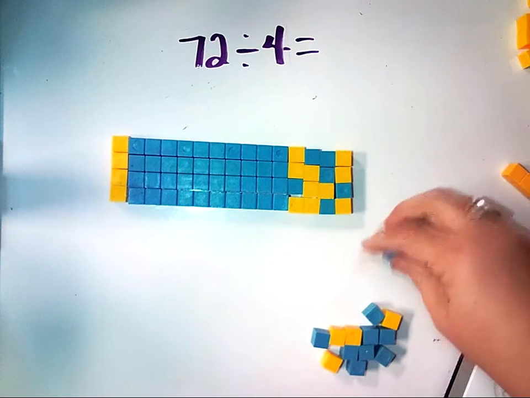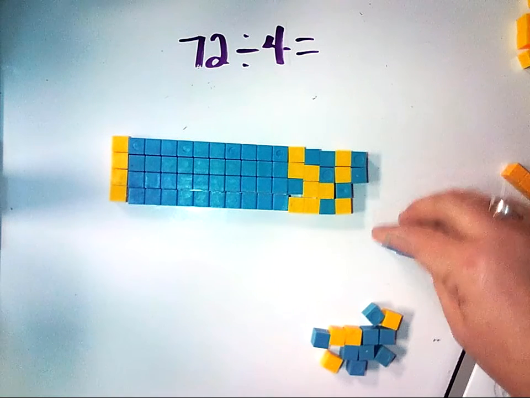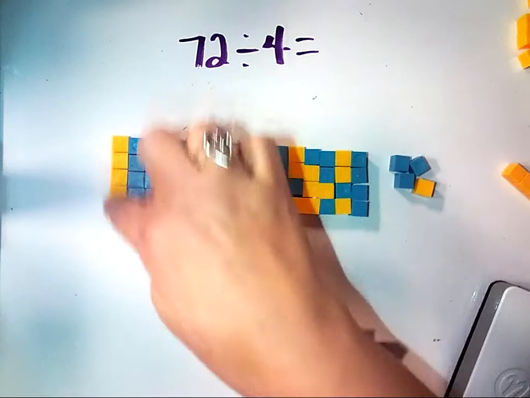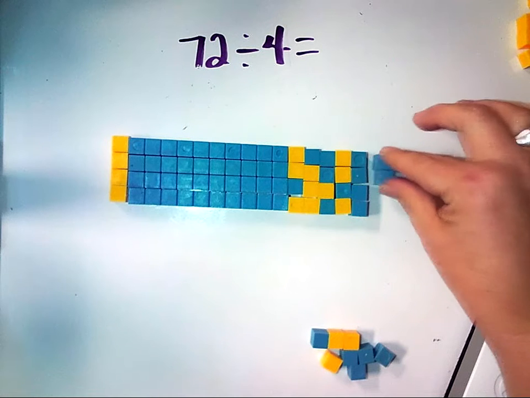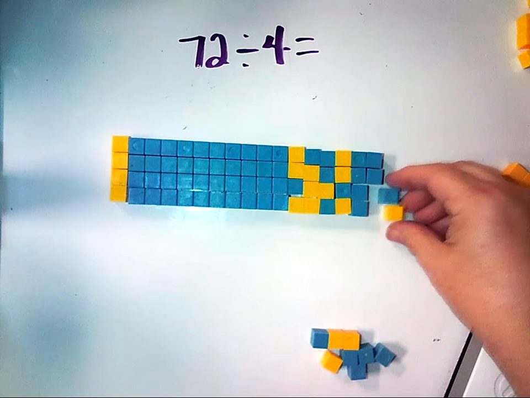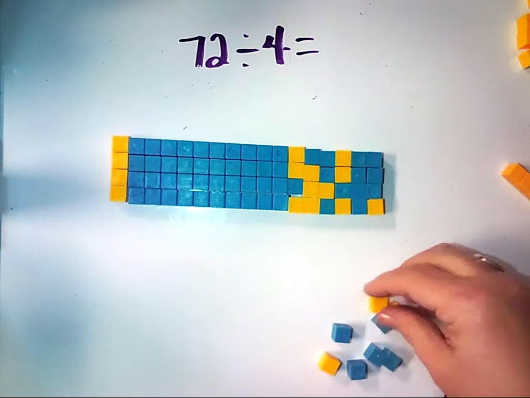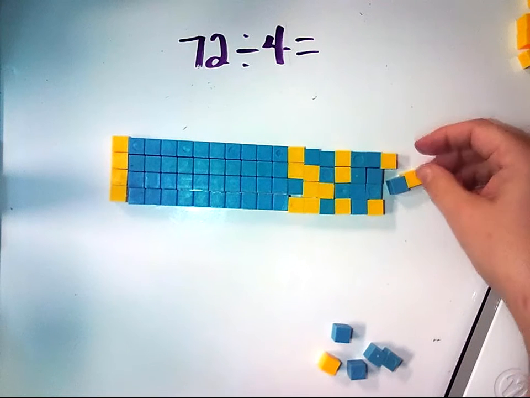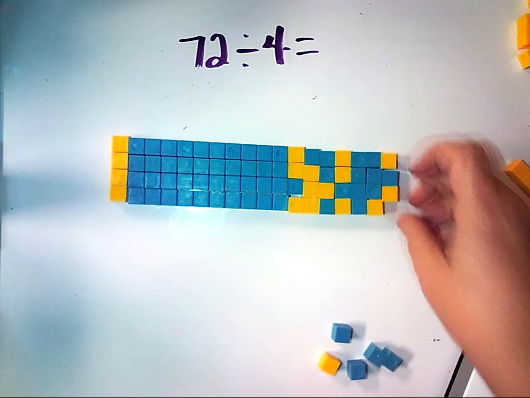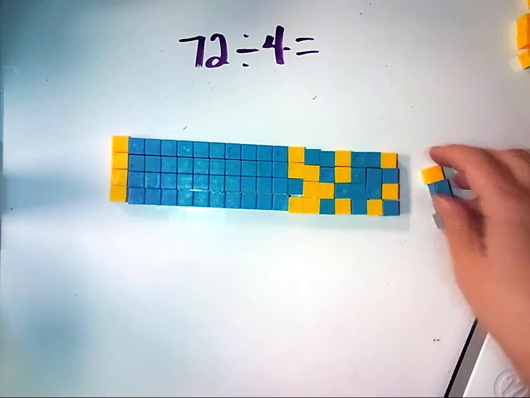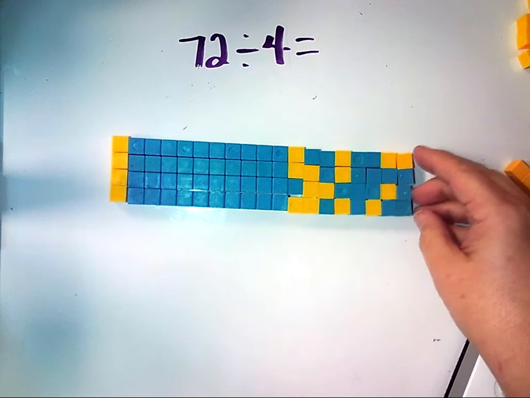And remember, it has to keep the rectangle, which is why I'm going down and filling it in a row at a time here. This is our divisor of 4 up here. We know our dividend is 72. So I have to make sure all 72 of these fit equally into my 4 rows. Okay, and one more group of 4 here.